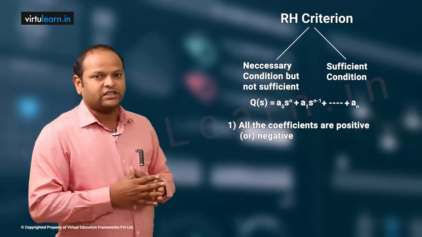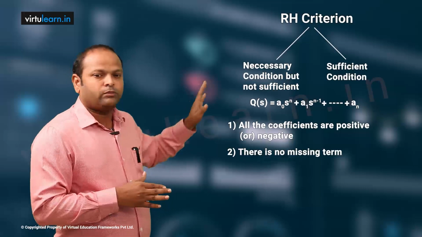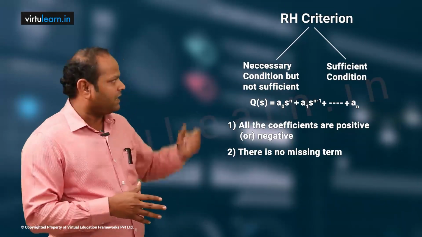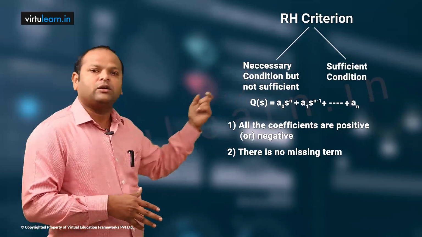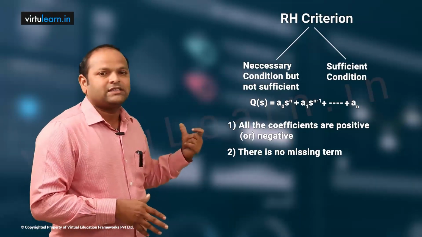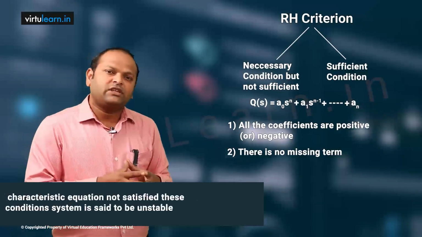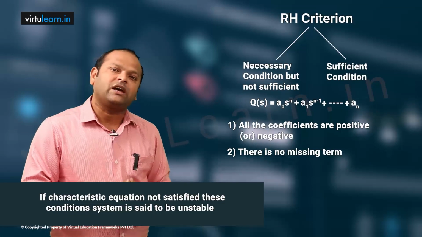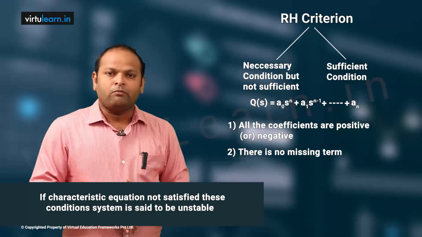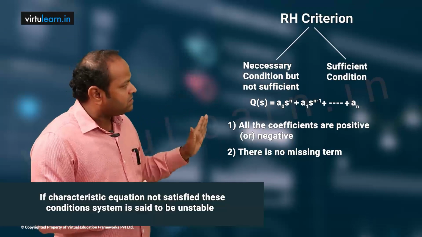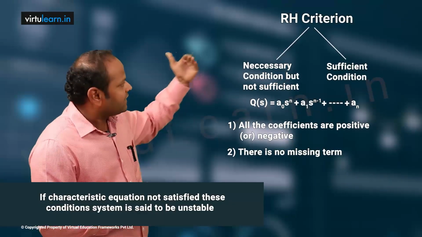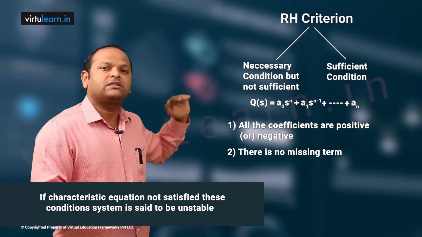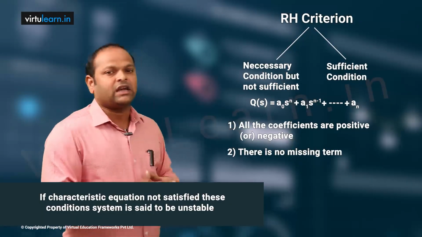And what is the second condition? The second condition is that there should be no missing terms. That means all the terms from A0 to An should be present. So if the characteristic equation is not satisfying these two conditions, we say the system is directly unstable.